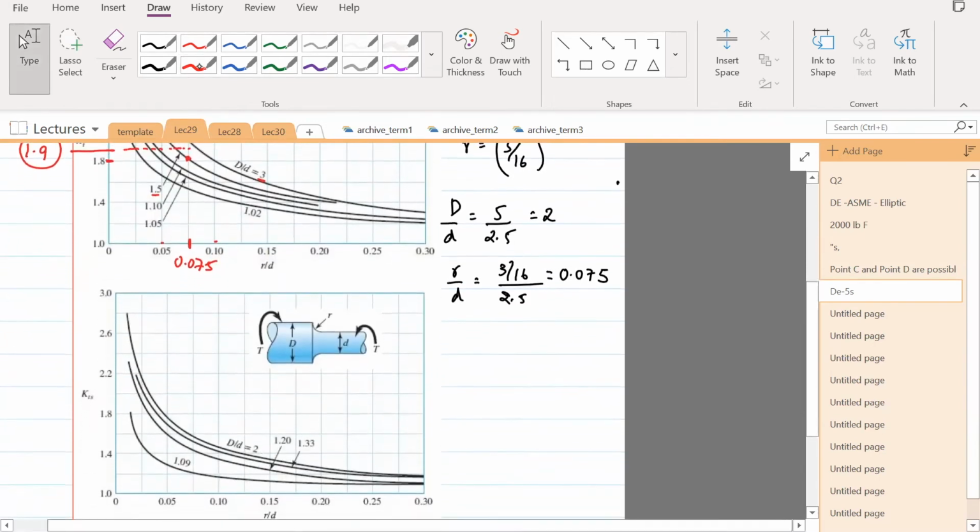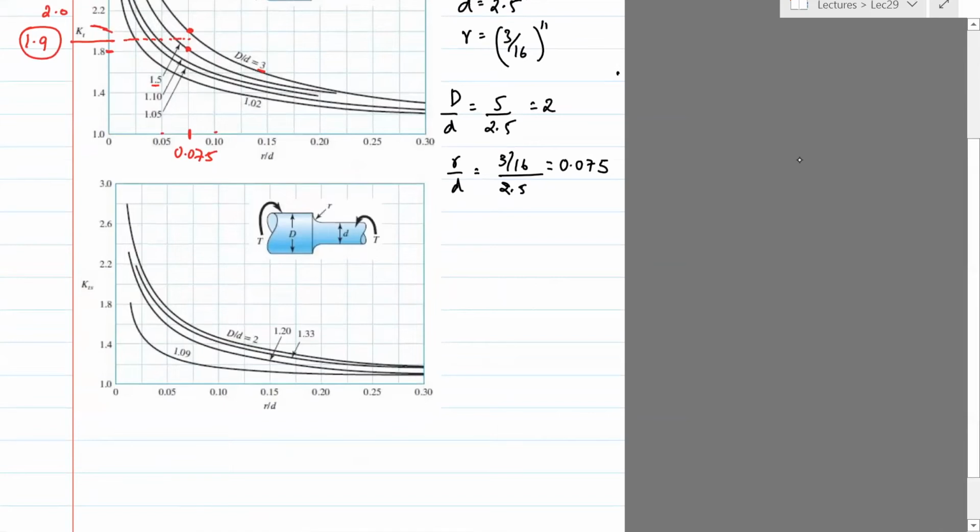And then let's do the same thing over here. We have 0.075, which is right here. And for D over d, here they've given the value for 2, so that should be this point. This point is 1.6 midway, so I just assumed it to be 1.58.